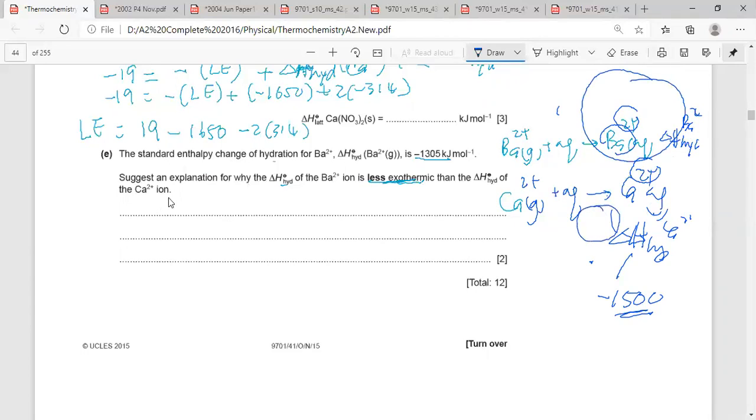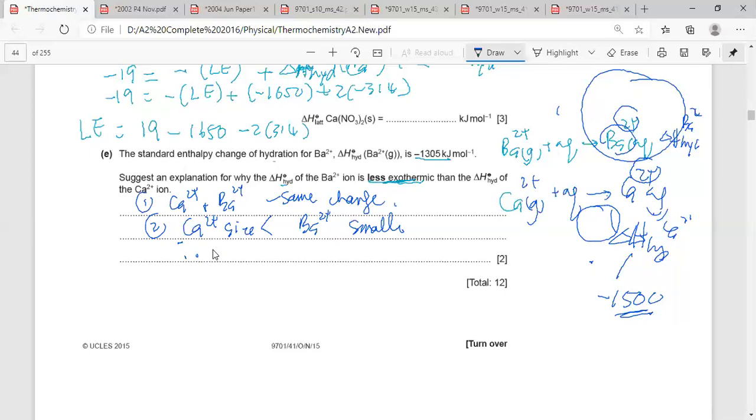Firstly, both calcium 2 plus and Ba2 plus have the same charge. But calcium 2 plus has a smaller size than Ba2 plus. Therefore, who has more polarizing power, more charge density?